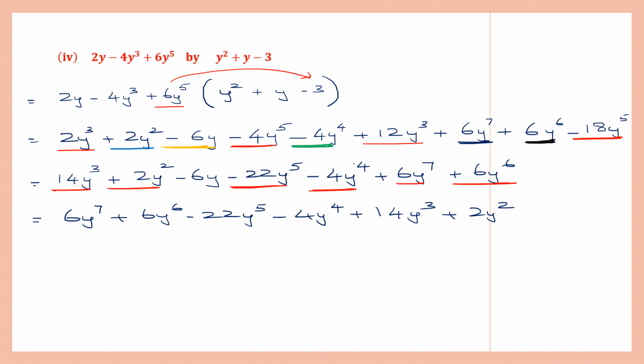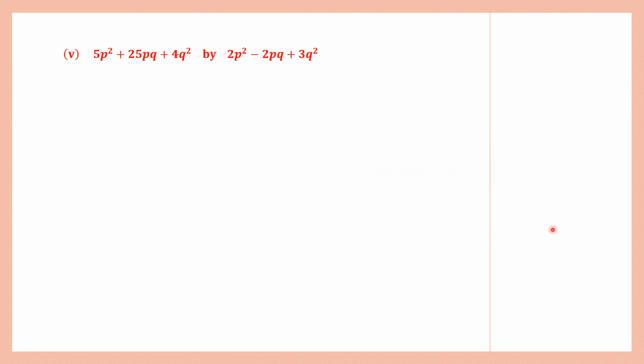Then we have y by itself here, minus 6y. So now we have a complete answer. 6y to the power of 7 plus 6y to the power of 6 minus 22y to the power of 5 minus 4y to the power of 4 plus 14y cubed plus 2y square minus 6y.